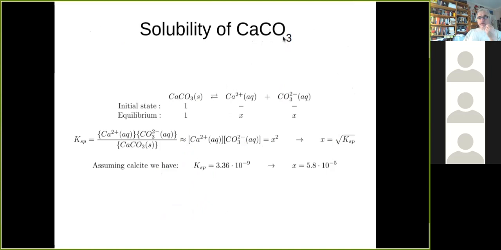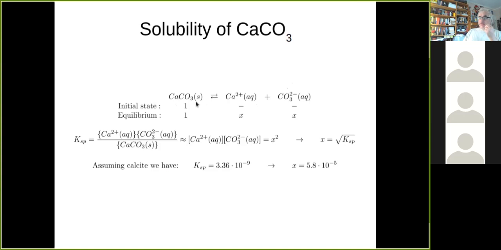The carbonate ion is a close relative to carbon dioxide. Solubility in general of carbonate minerals, or even other types of minerals that react with carbon dioxide.